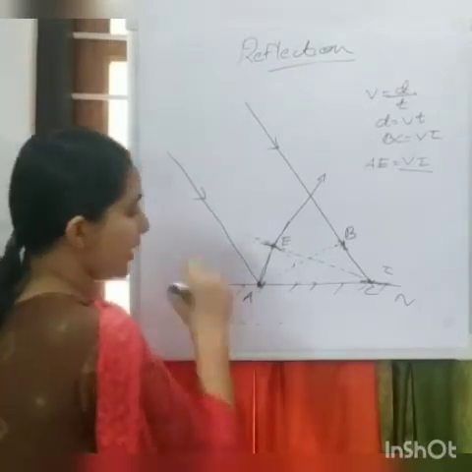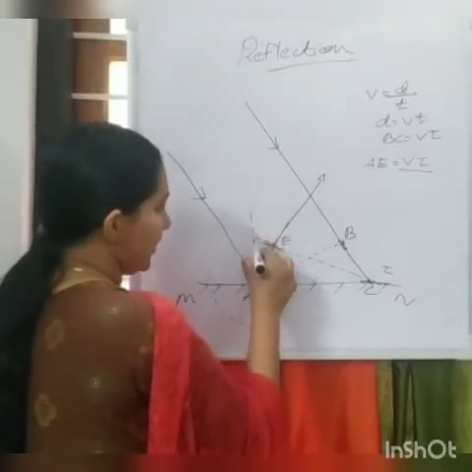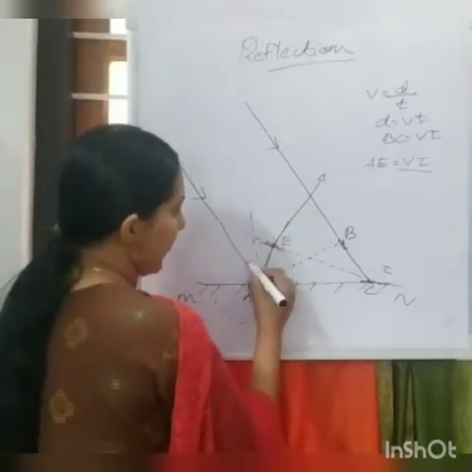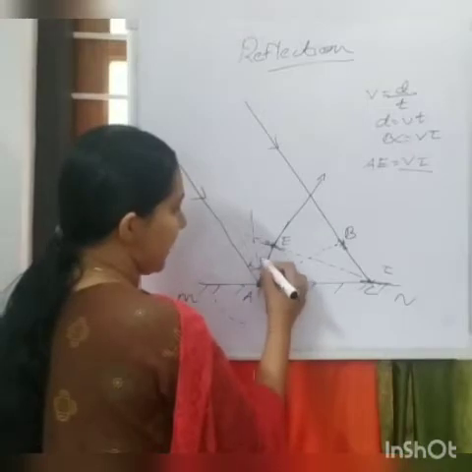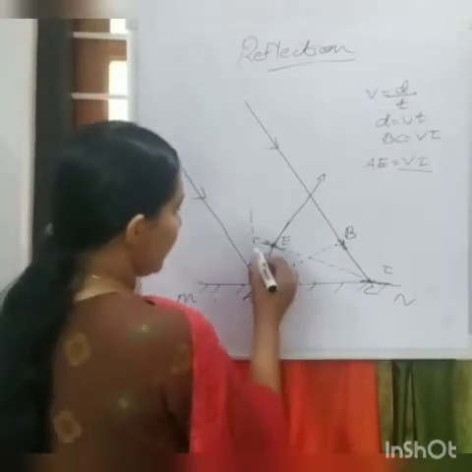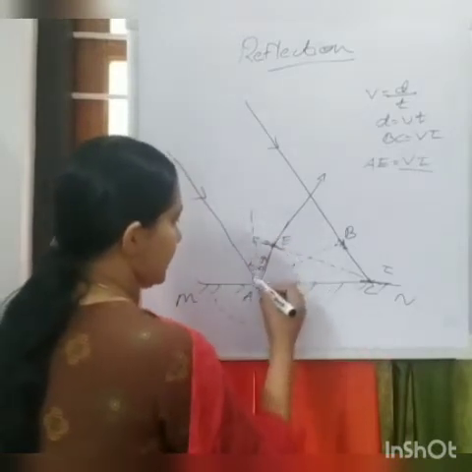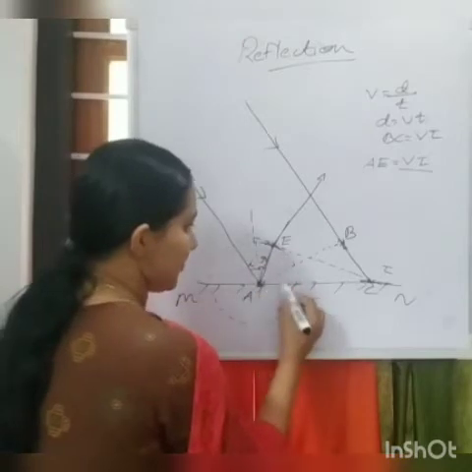Now we can prove the law of reflection. If we draw a normal here, this is the angle of incidence, this is the angle of reflection. Okay. Now consider this triangle.